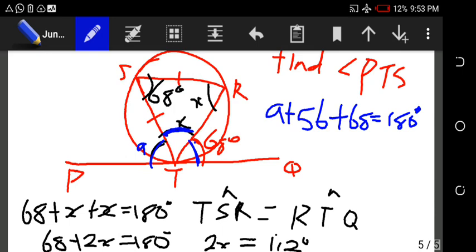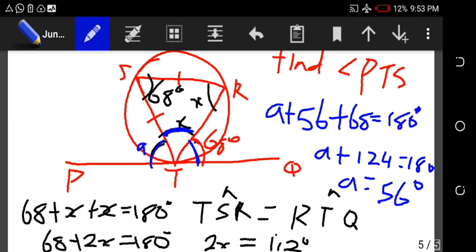All right, and when we solve for A plus 56 plus 68, so A plus now 56 plus 68, that will give us 124 is equal to 180, and A is equal to, when we subtract 124 from 180, A becomes equal to 56 degrees still.